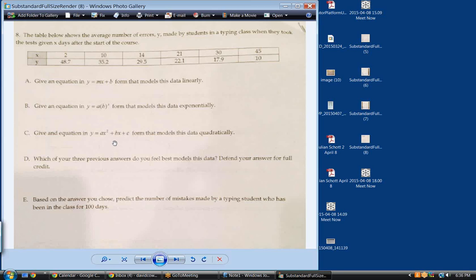And then quadratic. And that would be y equals 0.01. Oh, so you already have this in your list, huh? Yeah. Okay.